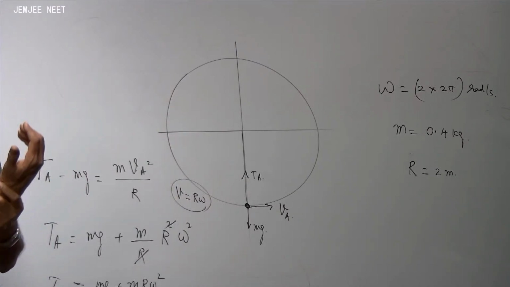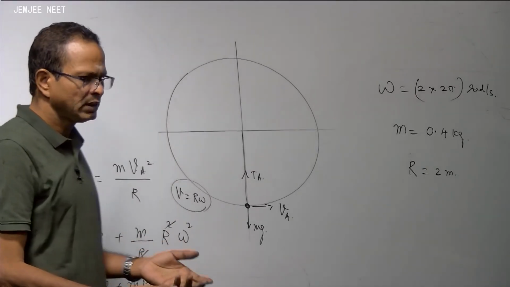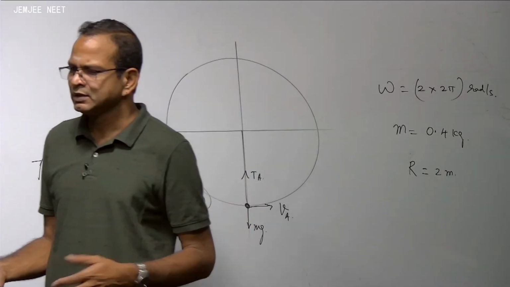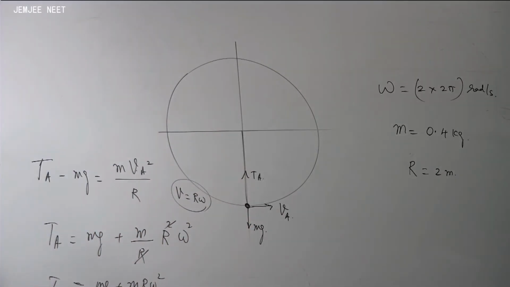Maybe my muscular force, maybe tension in the rope, maybe electrostatic attraction, maybe friction, anything. But try to understand, centripetal mv square by r by itself is not a force at all. It's a demand. Centrifugal, we will see later. For that we need the pseudo force concept and the non-inertial frame. It will take time. I think in another 2 classes we will reach that.